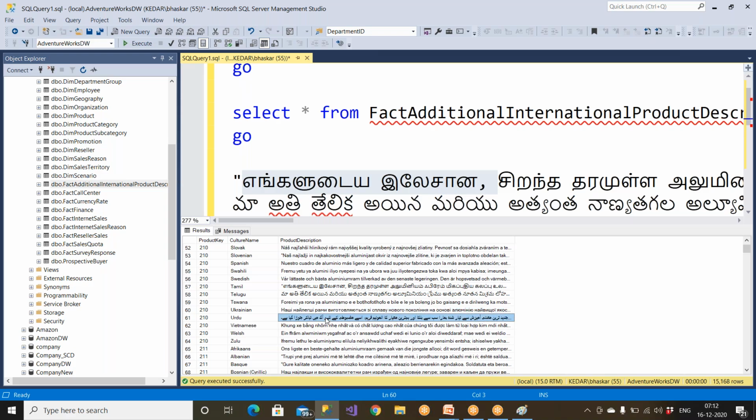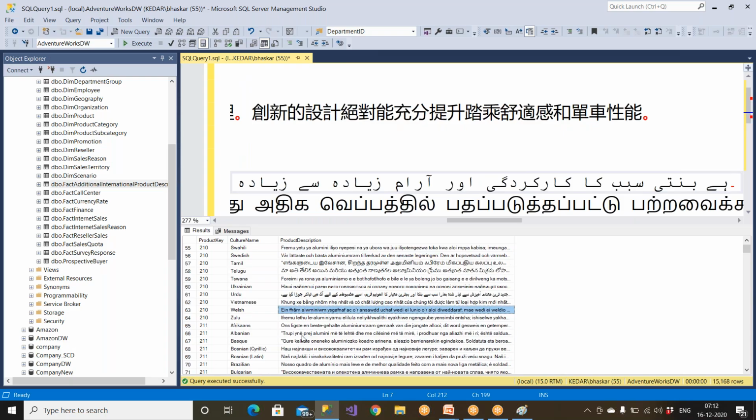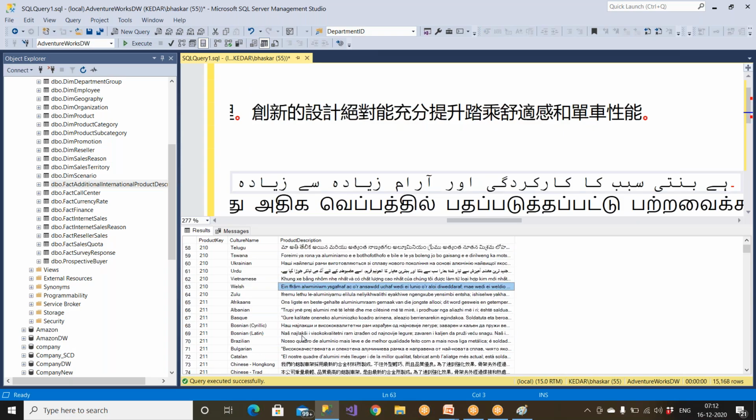You can see this is Urdu, it looks like Farsi only. I was in Dubai for some time, doing a project for Dubai Mall. They had a lot of data, but not in English, completely in Urdu and Arabic. So you can see Arabic data as well.